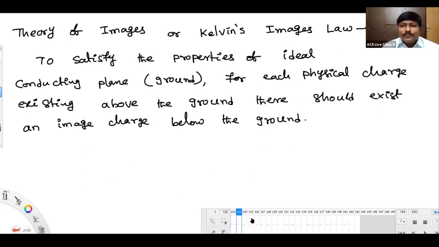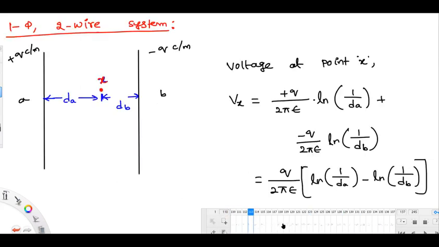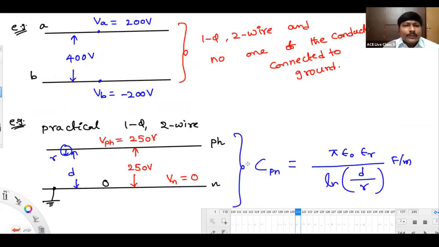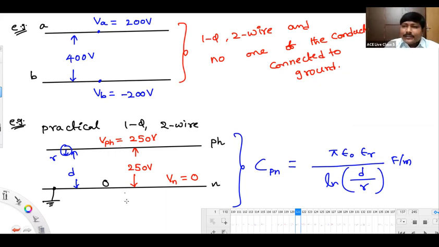Where? What slide do you have? Sir, example voltage between A and B conductors, a practical example, single phase two-wire. Here the 2 is not taken, sir. It's phase C, conductor to conductor capacitance.